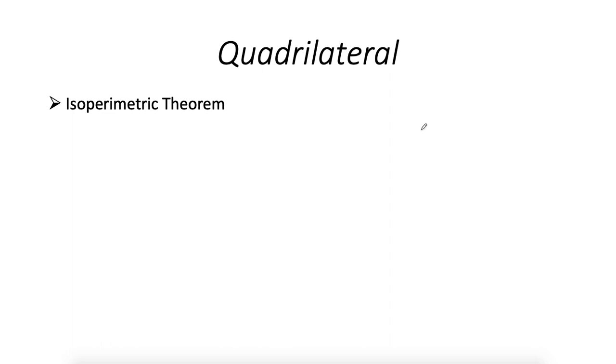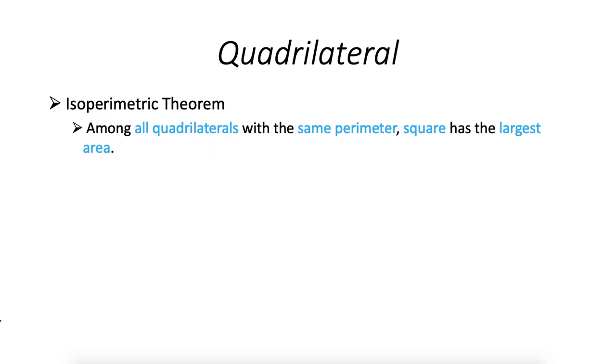Now there are some important isoperimetric theorems regarding the quadrilateral. The first thing is that among all quadrilaterals with the same perimeter, the square has the largest area. This is really helpful if we are dealing with could-be-case scenario questions in which we are provided with the total perimeter, and the question is about finding the area.